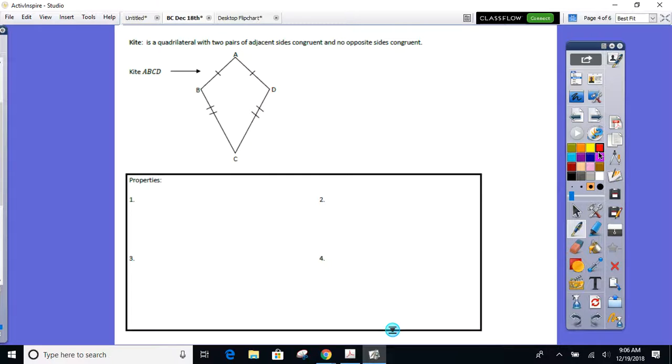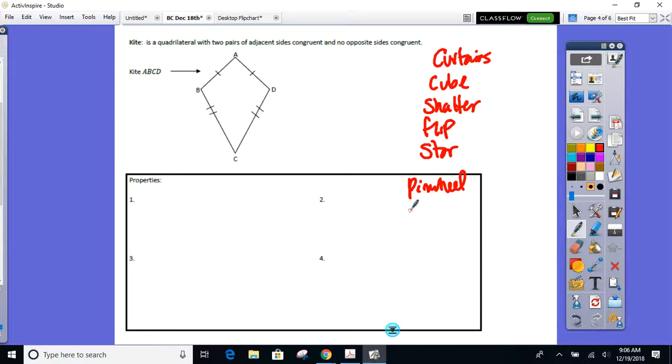Karma, Mr. Carlino, karma. Yep, the kite. Pinwheel. Slide diagonal. Comes from the corner, genie. You've never seen that one.